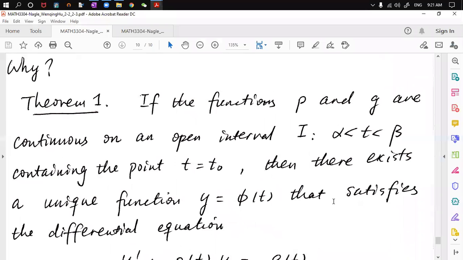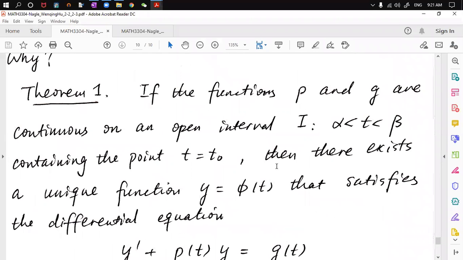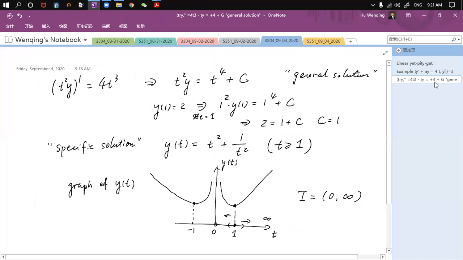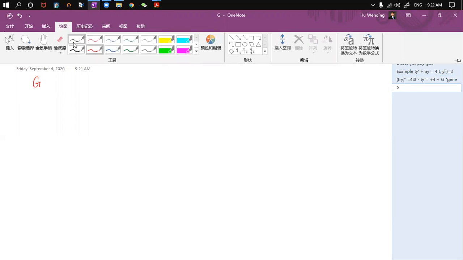From this observation, we're going to have a very nice theorem regarding first order equations. Let's say a general fact.